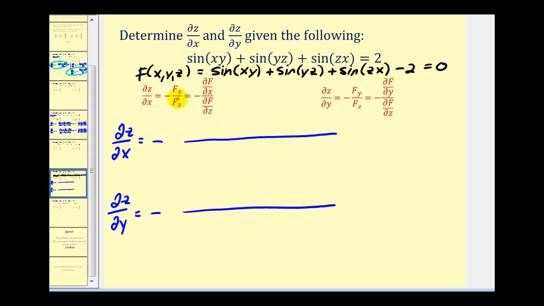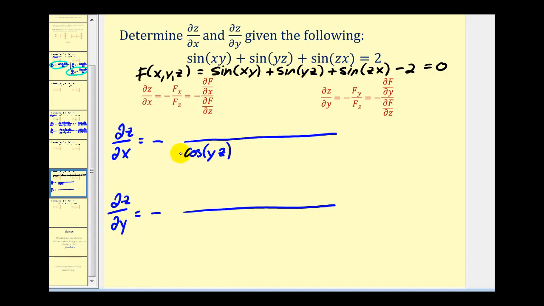Now let's go ahead and start with our denominators. We're going to find the partial of f with respect to z, treating x and y as constants. So this derivative would be 0. Derivative of sine yz is going to be cosine yz times the derivative of yz with respect to z. That's going to give us y.